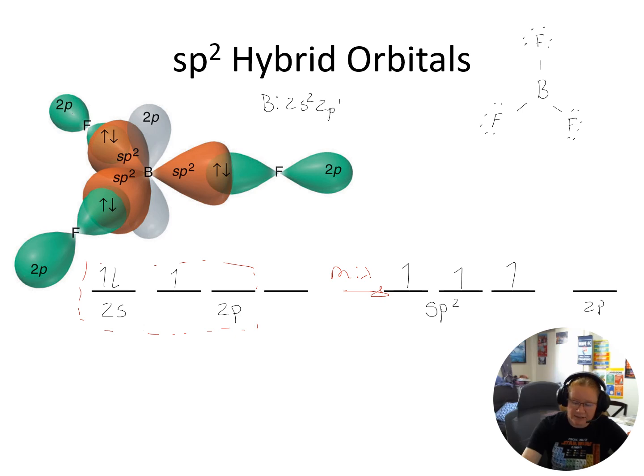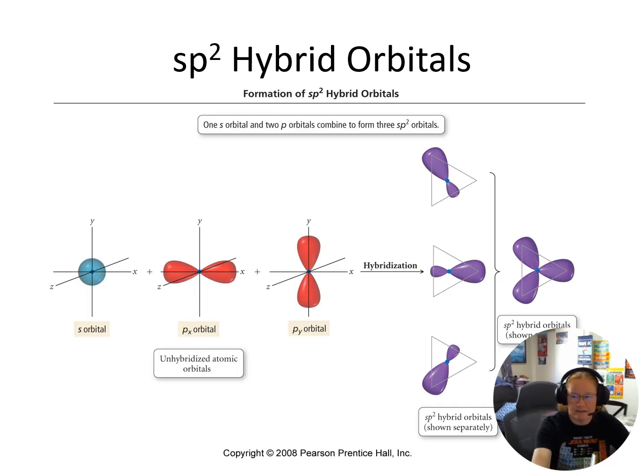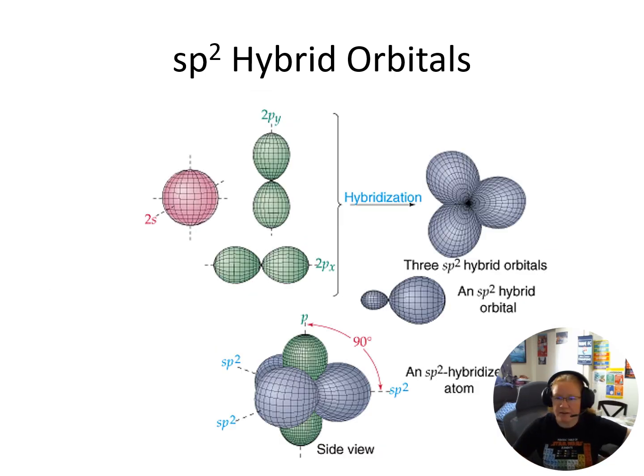Now, geometrically, how does this look? We get the s that hybridizes with 2 of the p's, and as it hybridizes, we get 3 different orbitals, and those 3 orbitals, when they overlap, give us this flat triangle. Here's another view where you can see a top down and a side view, where we're also accounting for that 2p orbital that doesn't hybridize.